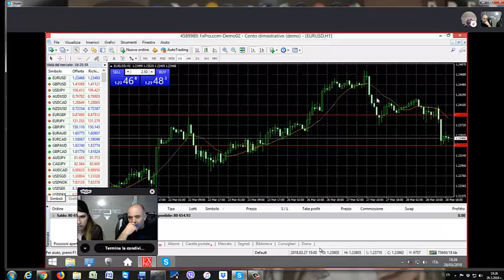Many people, yes, we have many orders at this point, many stop loss at this point. This is the reason why I suggest always work manually. Never leave the order to the provider.